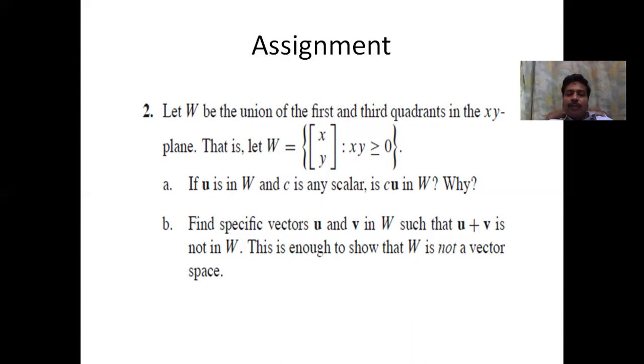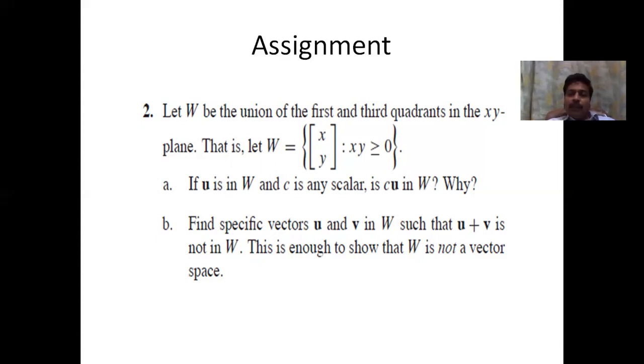This is the problem. You have to take some U in W. It is a given set now. So it may be in the first quadrant or in the third quadrant. If you take it in the third quadrant and multiply it with any positive scalar, you will get a vector again in the third quadrant, since both coordinates remain negative.